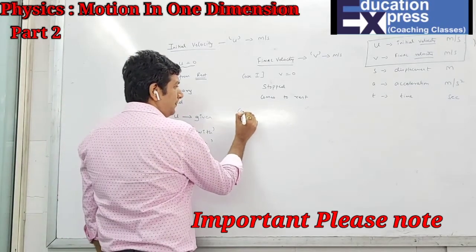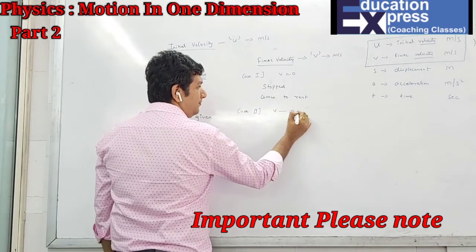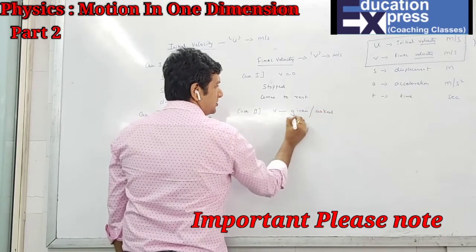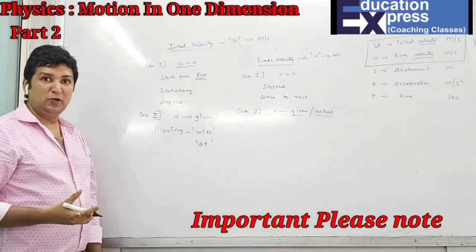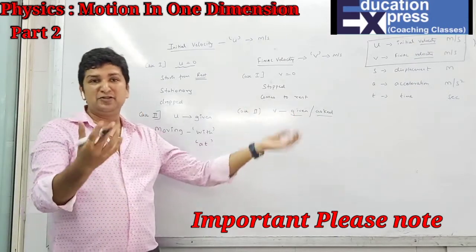Case 2, where final velocity will be given or it may be asked. What words will be given to you to find final velocity, or when final velocity is given to you?